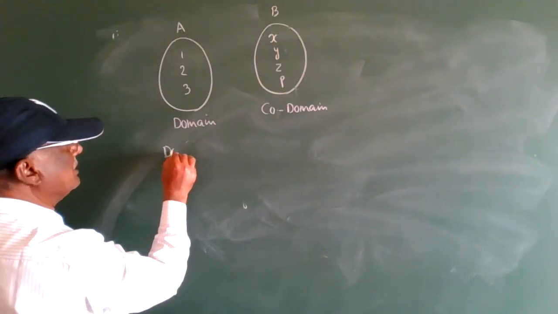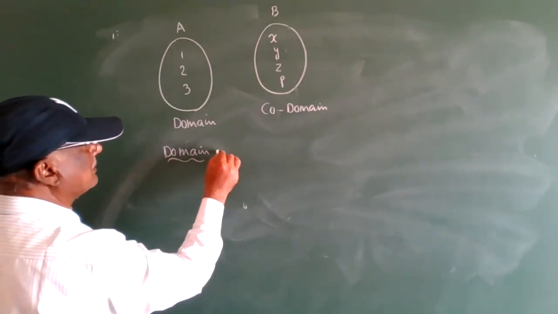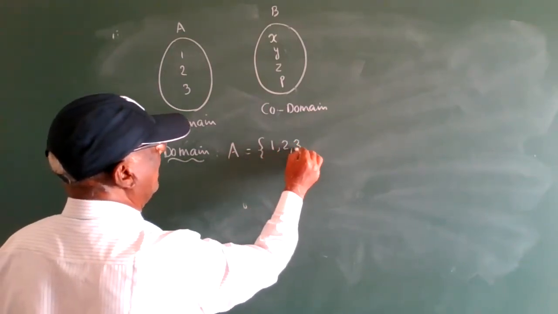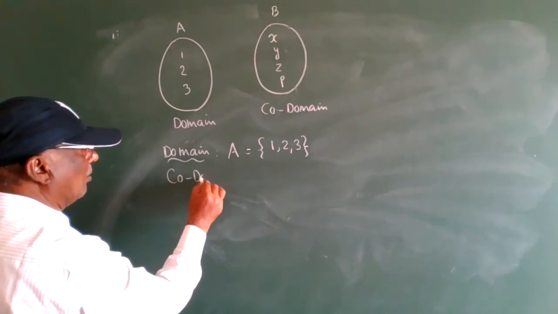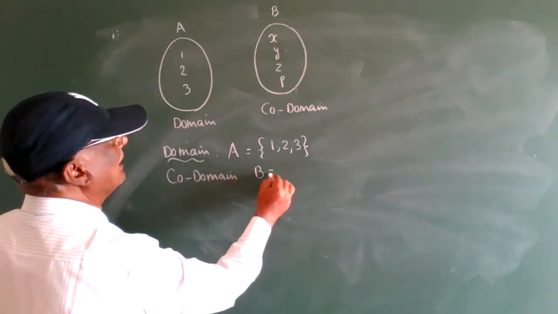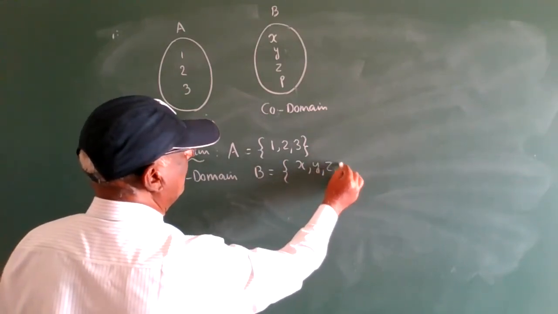Domain elements are equal to the A set elements, that is 1, 2, 3. Codomain is equal to the B set elements, that is X, Y, Z, P.